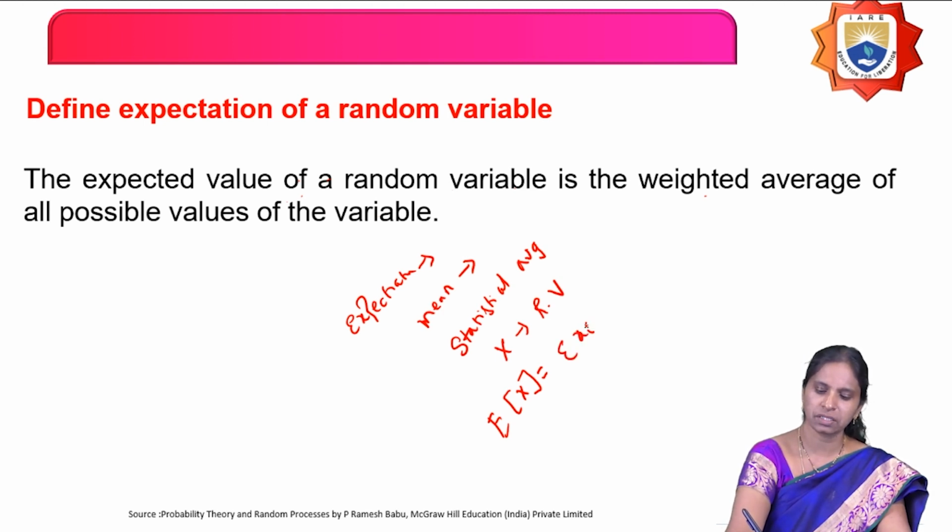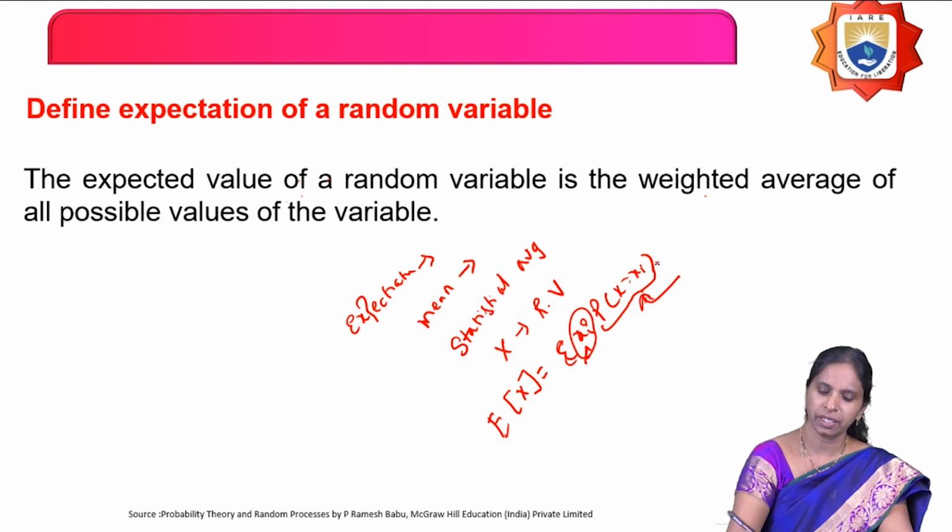Therefore, E[X] = sigma x_i into P(X = x_i). Here the sum is addition, and we are multiplying these values by weights, which are the corresponding probabilities. Then it is the expectation of a random variable X. Now this is for a discrete random variable.